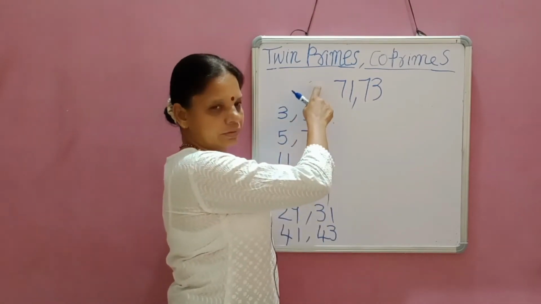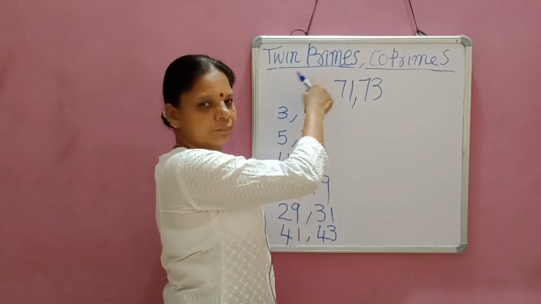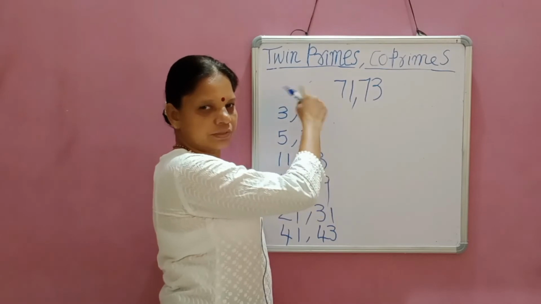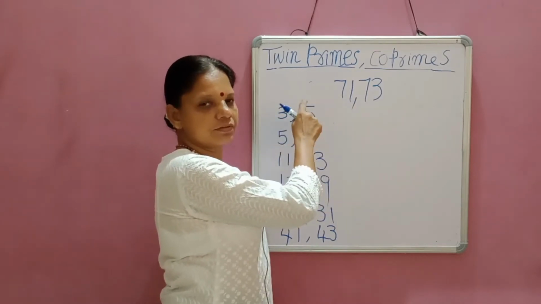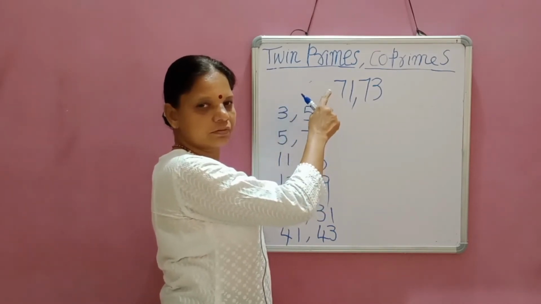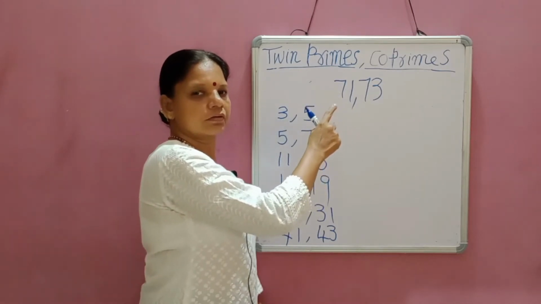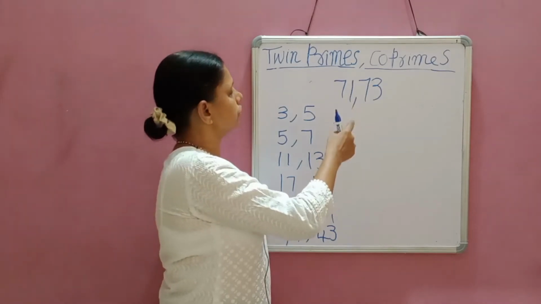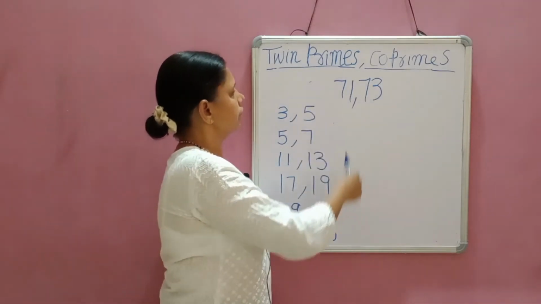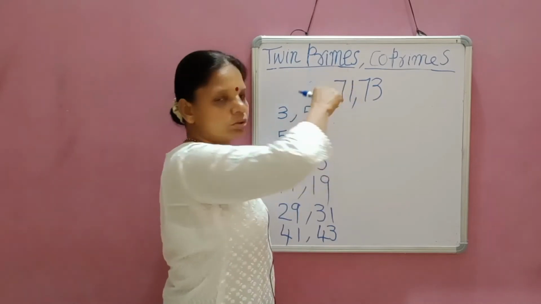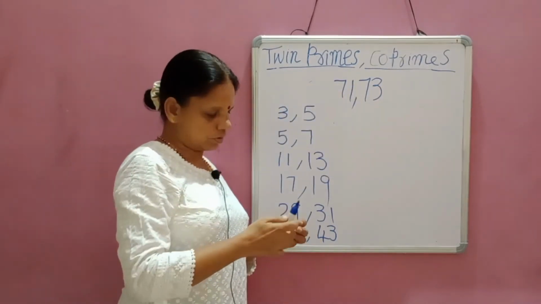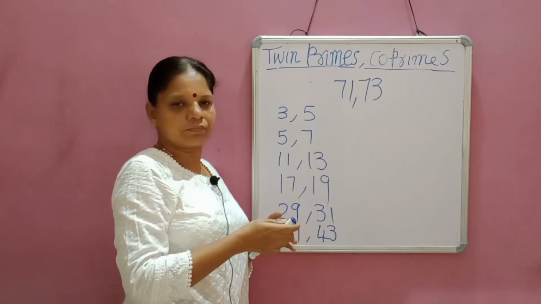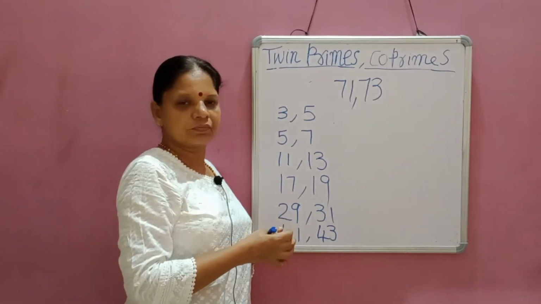2 and 3 I have written. Take out the pairs of prime numbers that are nearby prime numbers, but the difference is there is no composite number in between them. Clear? So this type of prime numbers are called twin primes. So what is twin prime? Which type of pairs of prime numbers are called twin primes?